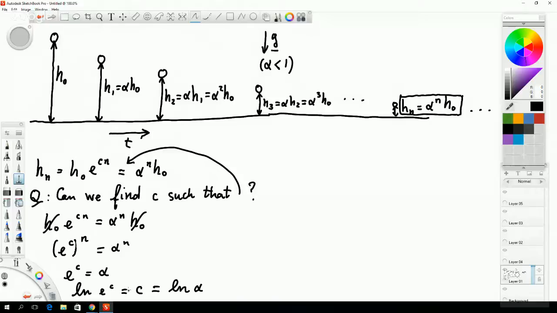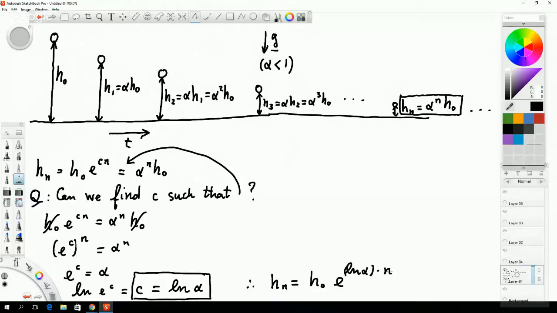Okay, so this is the final result. We can indeed write hn in the form required, provided that c equals natural log of alpha. So let's just write it out. hn equals h0 e to the c, which is natural log of alpha, times n. So if you like, this is in bracket, times n.